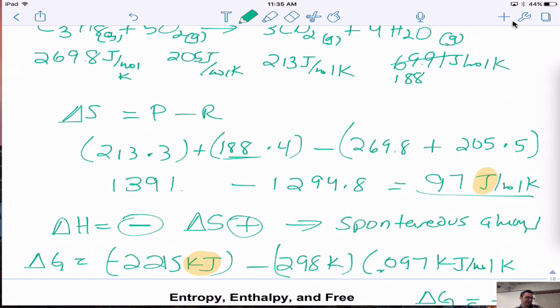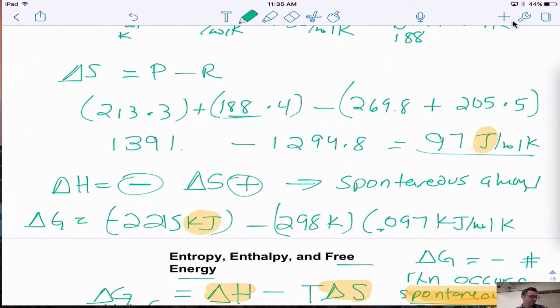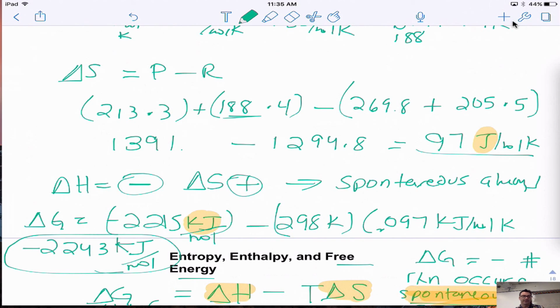We make that a negative value, and then we subtract from it 2215, and we get negative 2,243 kilojoules. We could say per mole, really, because this is per mole, and this is per mole. And this is our delta G value right here. And that value is our final value for delta G. And that tells us that the reaction is spontaneous.